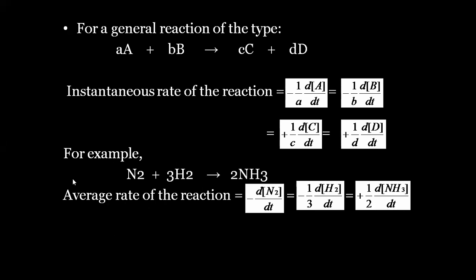Please make a change over here: it has to be instantaneous rate of reaction, not average. That is how we can understand what the instantaneous rate is, what the average rate is, and how to write the rate expression of a particular reaction.